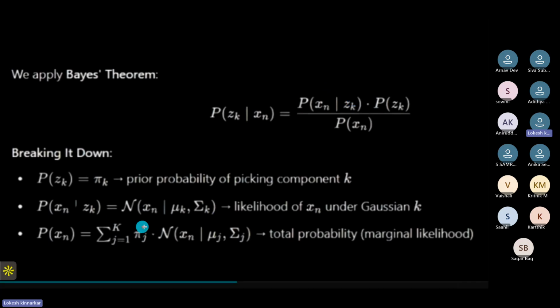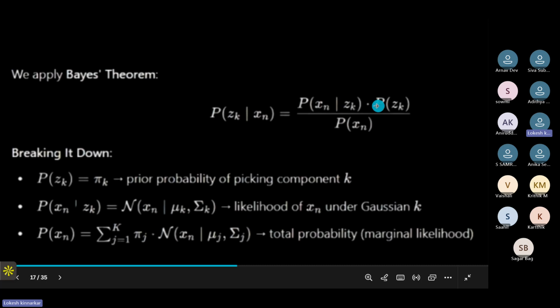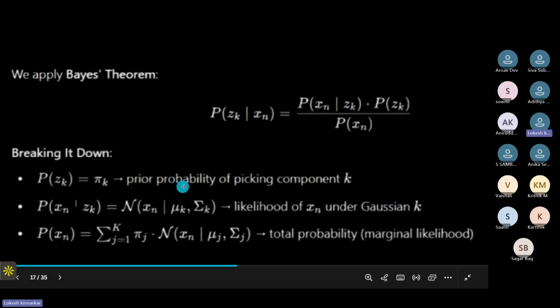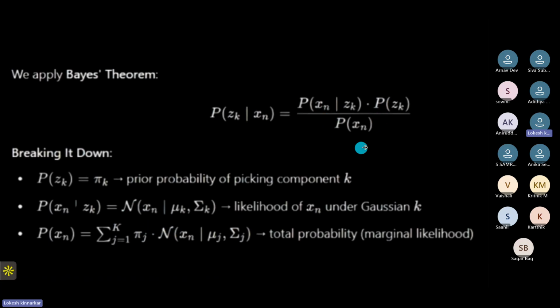So it is nothing but the likelihood of xn under the Gaussian, and probability of xn gives you the total probability. Now one more issue here is that you have to do this for all particular z's. If you have a lot of z in your model, if you have 3, 4 clusters, or even if you go deep, like variational autoencoders, which have a deep network, they essentially use a lot of clusters.